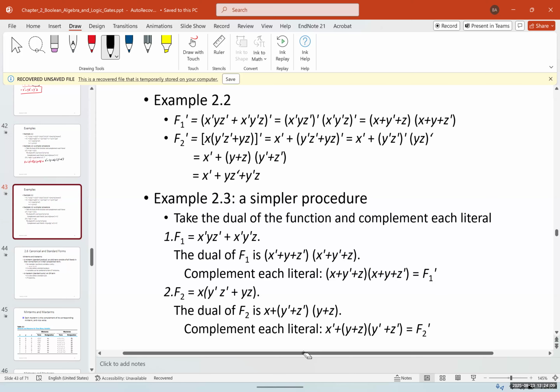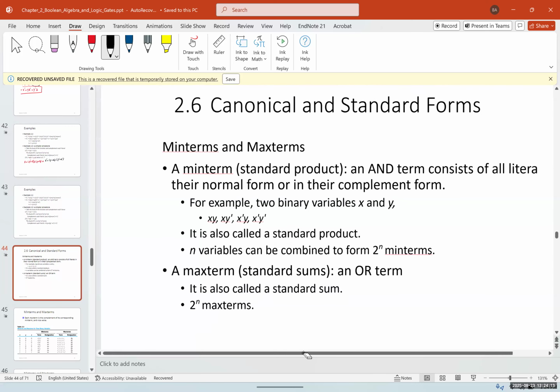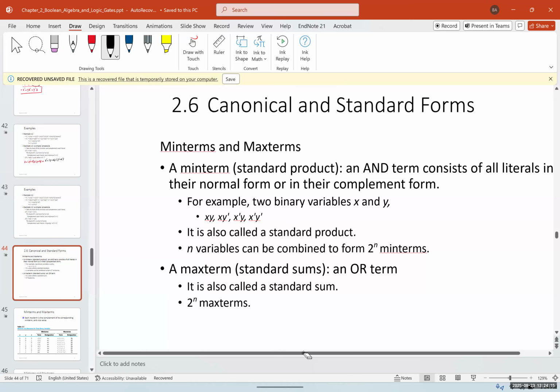Okay. So now canonical and standard forms, we have the minterms and max terms. A minterm is also called a standard product. It's an AND term, and it consists of all the literals in their normal form or in their complement form.